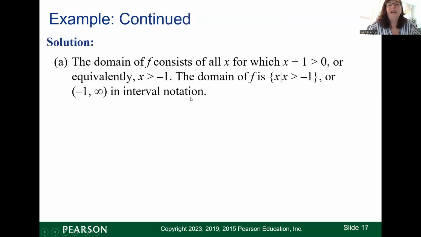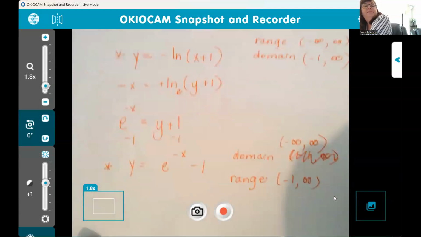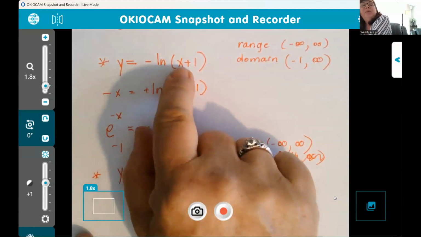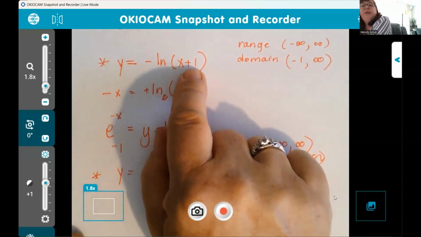By the way, I bet I've got this written down for us. Let's look at this. This is the function we are working with: y equals the natural log of x plus 1. We picked it up and moved it right 1 unit.